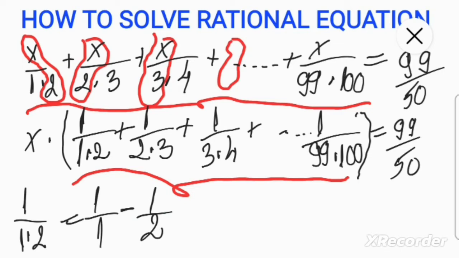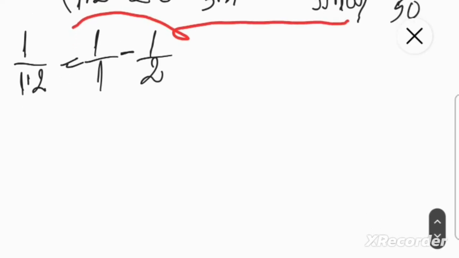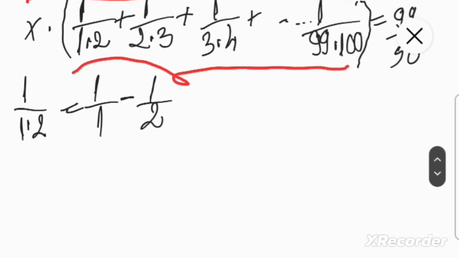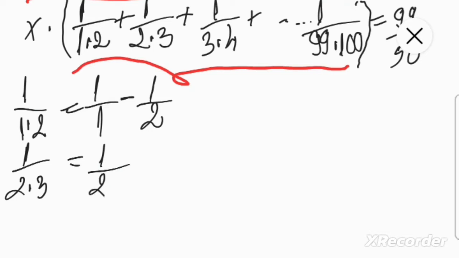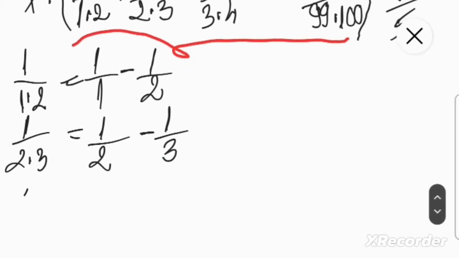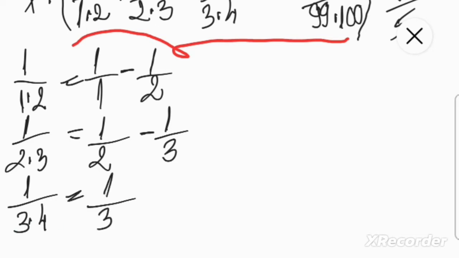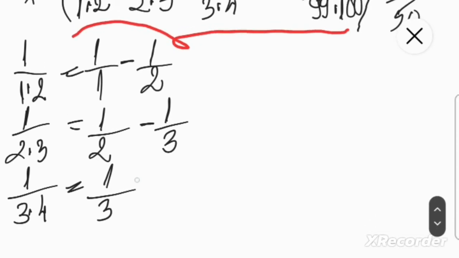Furthermore, we have 1 over 2 multiplied by 3 equals 1 over 2 minus 1 over 3. Furthermore, we have 1 over 3 multiplied by 4 equals 1 over 3 minus 1 over 4.